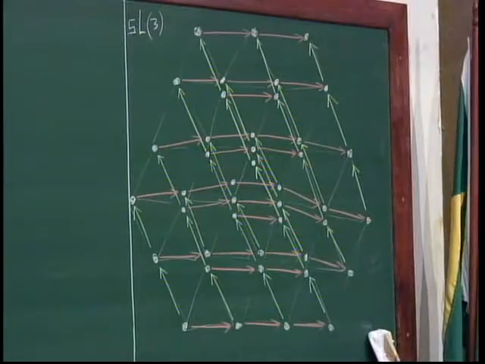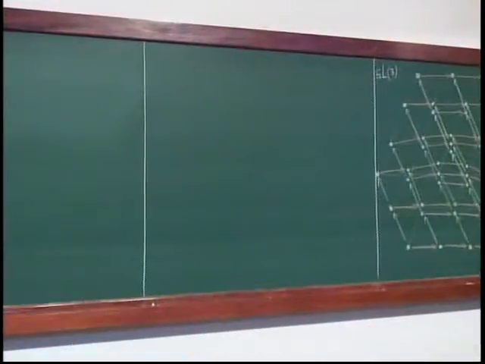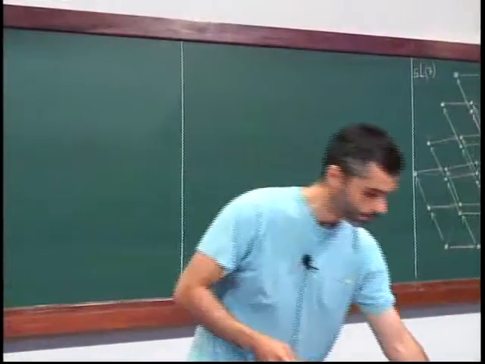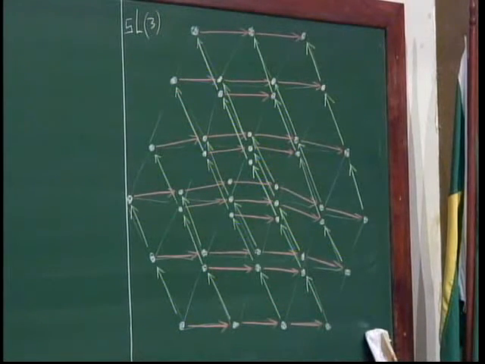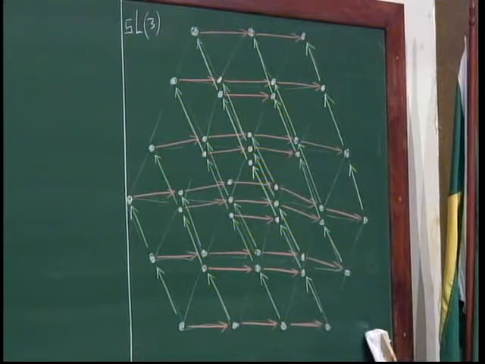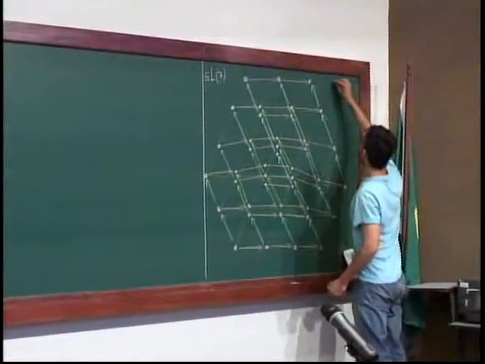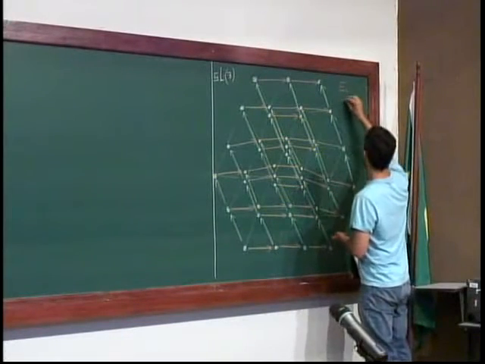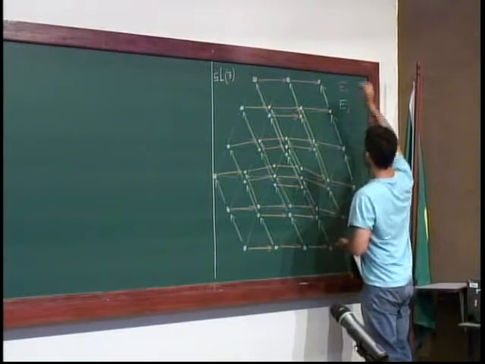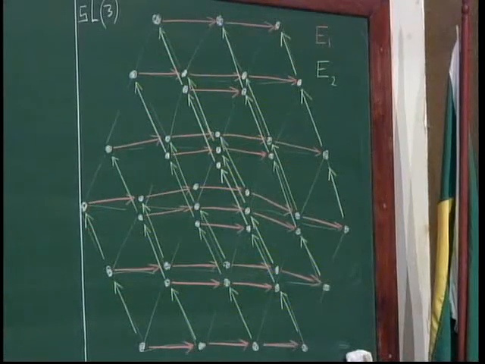So there's now 2 generators that deserve to be called E. So I'll call them E1 and E2. E1 is drawn in red, and E2 is drawn in green in that picture. There's E1 and E2. There's also F1 and F2.